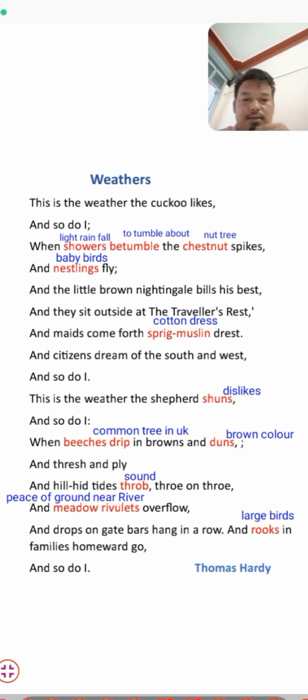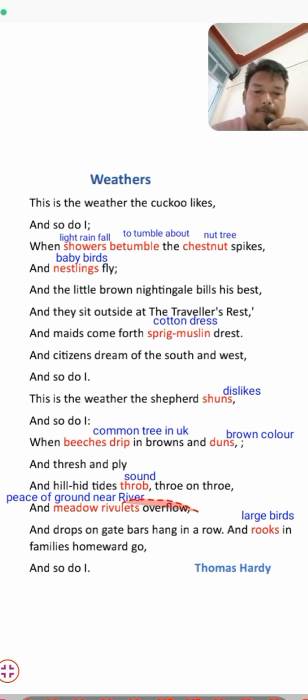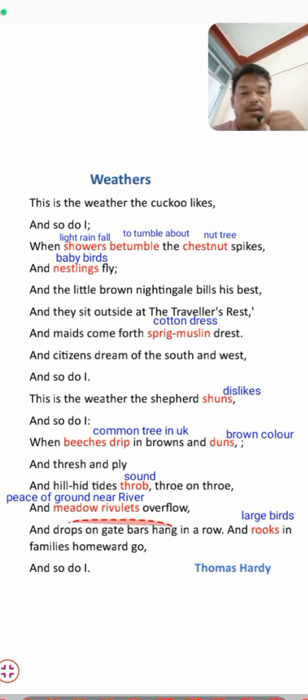So one can see some streams overflow, as it has been raining a lot. The word rooks means a large bird, and they fly to their home. The harshness of winter is gradually growing, and the poet also dislikes the winter because it's very cold and wet.